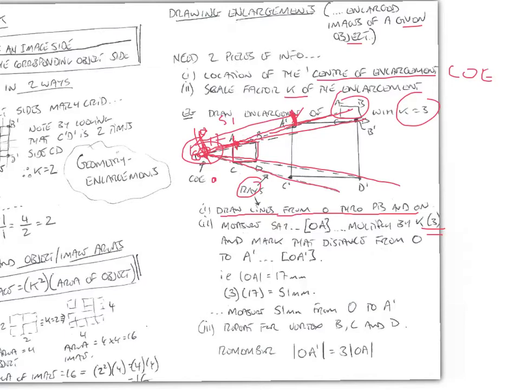Okay, and we do the same for point B. We measure O to B, multiply by 3, and mark that from O all the way out to B prime. O to C, multiply that by 3, and measure from O out to C prime, and the same for O to D out to D prime.